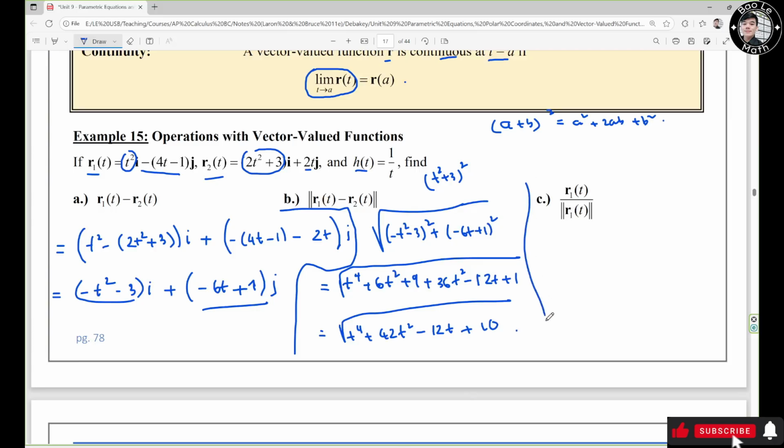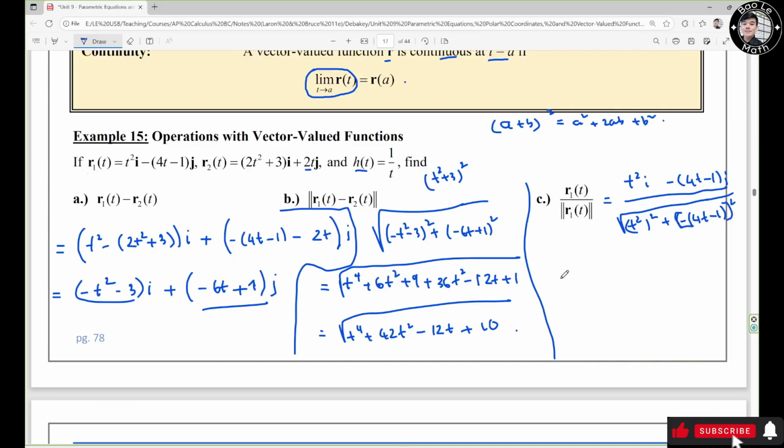Now question C. Question C is going to be the vector valued function R1 of t. I just rewrite, right? So it could be t squared I minus 4t minus 1 j, over. Now the magnitude of this one is going to be the square root of t squared altogether squared plus negative 4t minus 1 altogether squared, right?